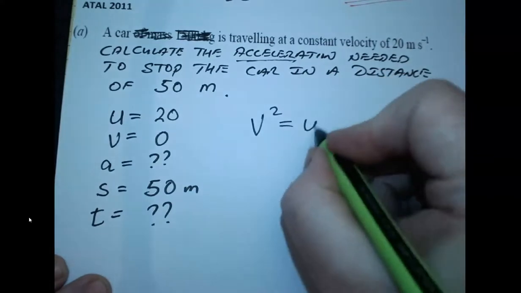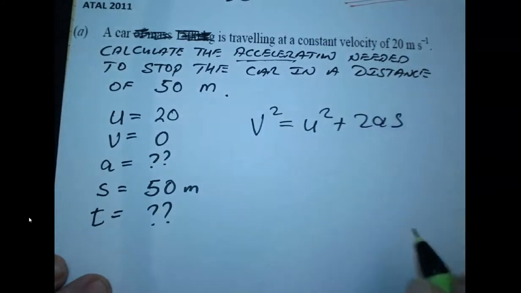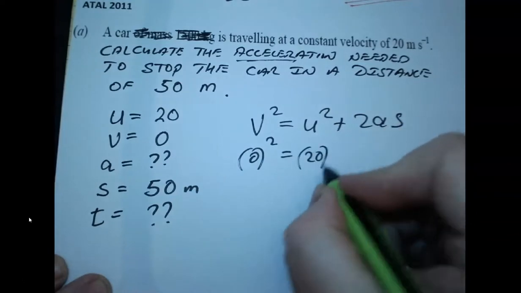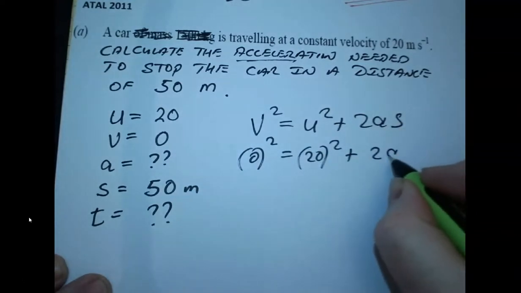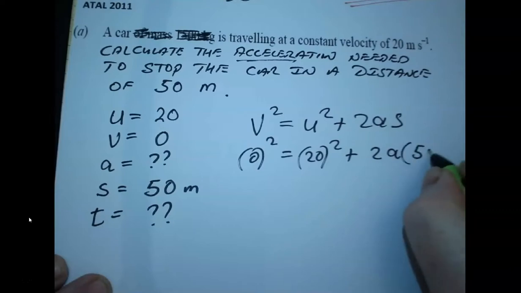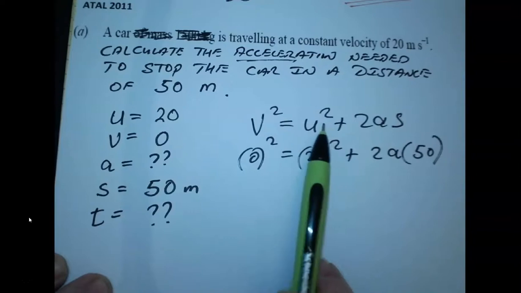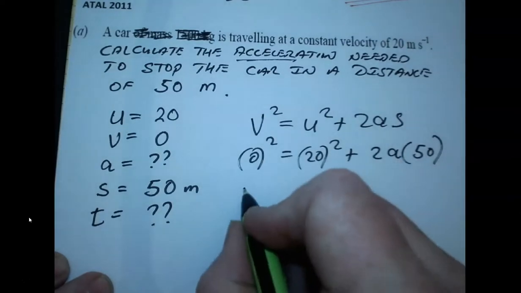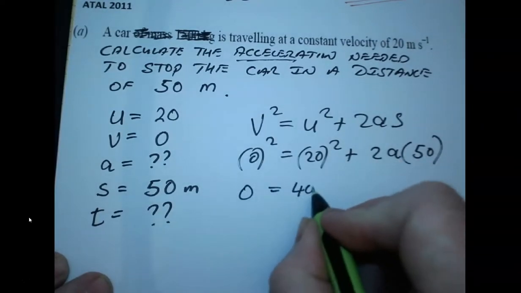V squared equals U squared plus 2AS. So V is 0 squared equals the initial velocity 20 squared plus 2 times the acceleration that we're looking for by the distance the car travels, 50 meters. Always write your formula first, then the substitution in, then you do your mathematics. So 0 squared is 0. 20 squared is 400.